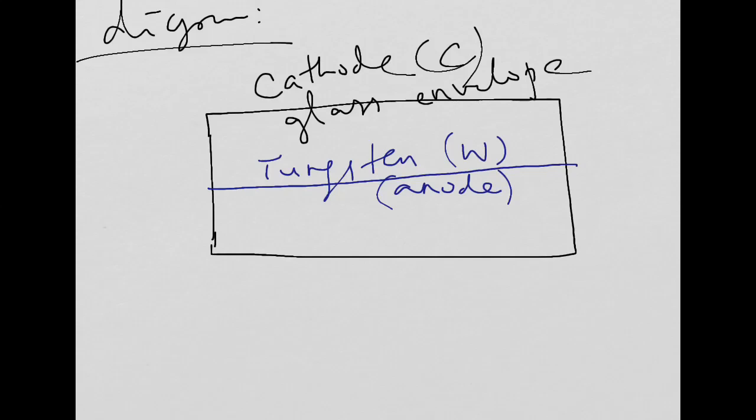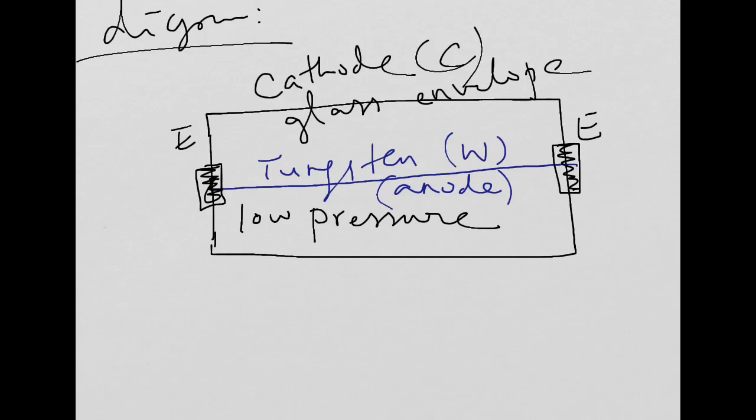They are at two ends. Call it end 1 and end 2. This glass envelope must contain some gas at low pressure. It should be an inert gas, as we know.